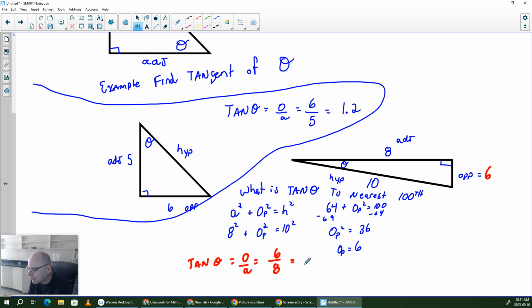And if we do that on our calculator, that's 0.75. Okay. Let's make that 5 a little better. Okay, that's our first example, finding the tangent ratio.